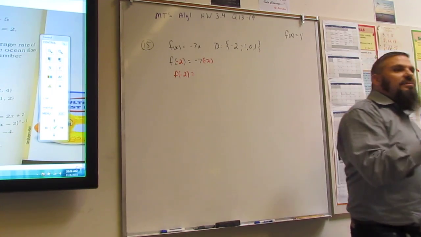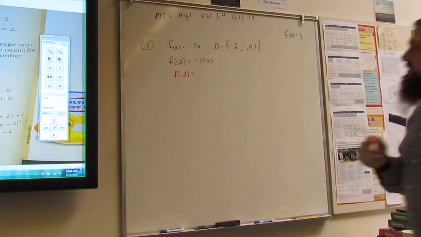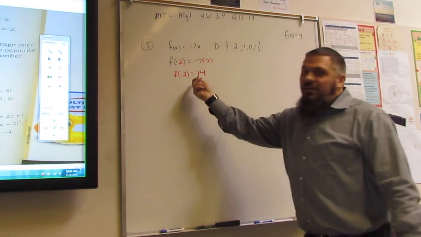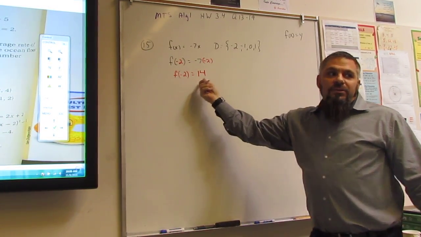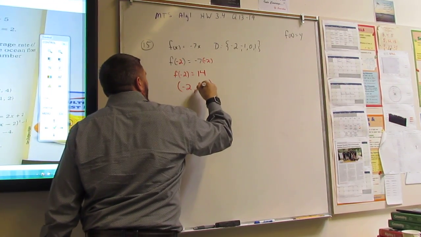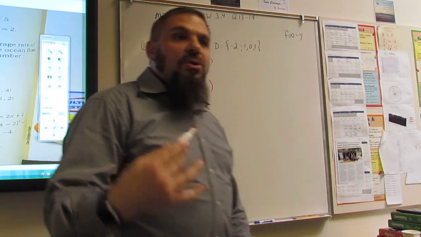What's negative 7 times negative 2? Positive 14. Close. Now, take a look at this. This is your coordinate. Negative 2 and 14. So you would graph that.